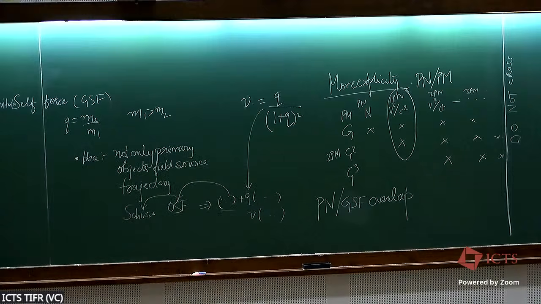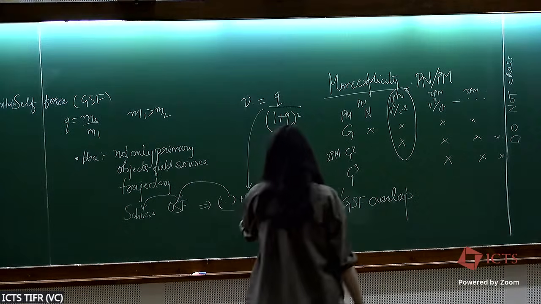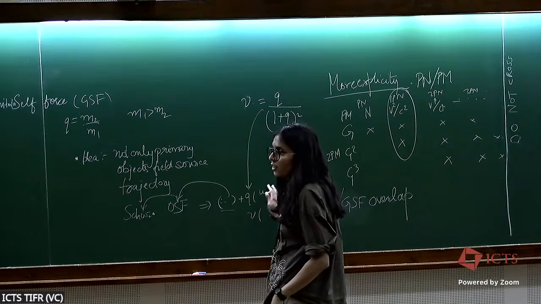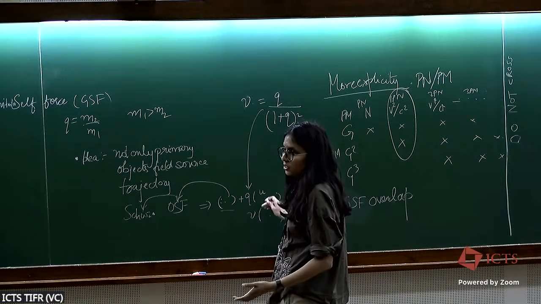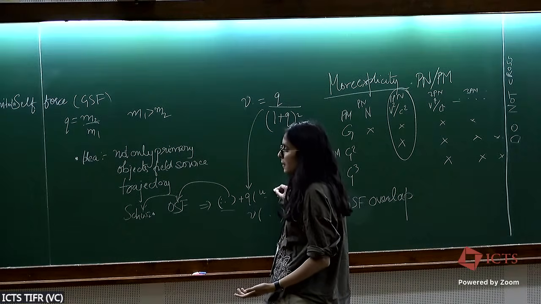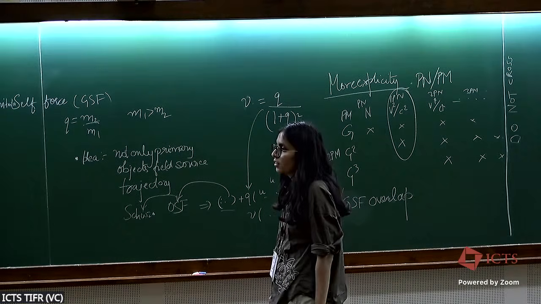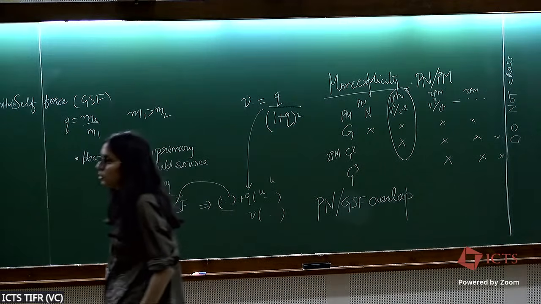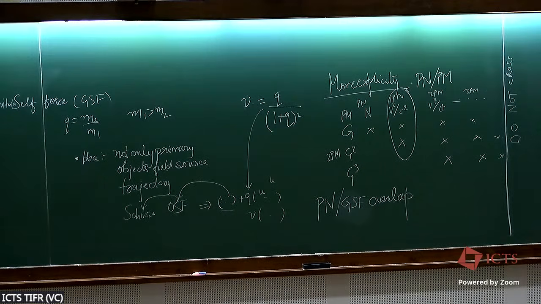We have to say, if we have GSF, let's say it's also a function of u, I need to say that it's an expansion in u. I need to expand it in terms of PN sense. It's not GSF. EOB is not self-force.